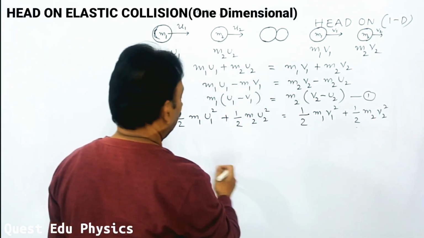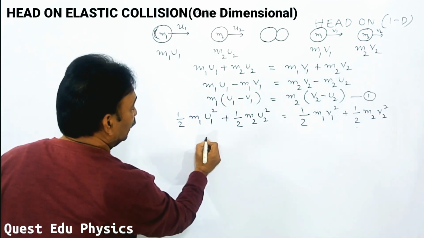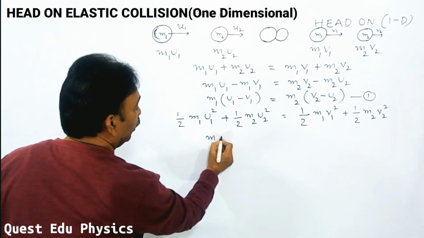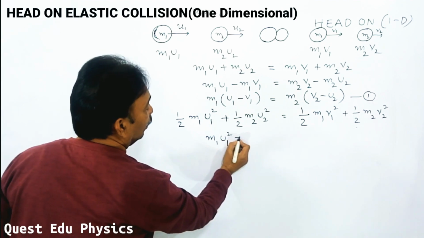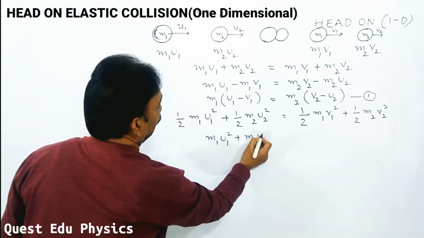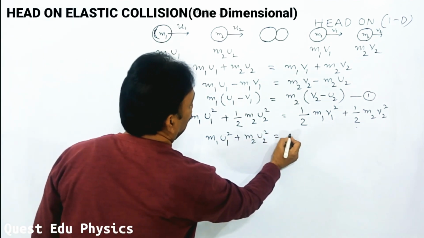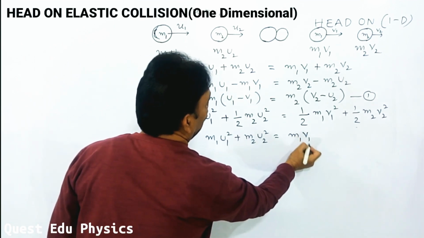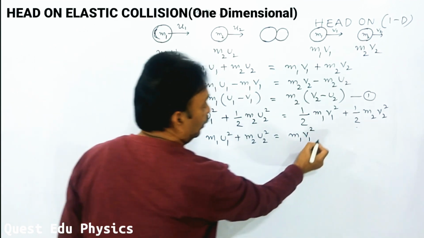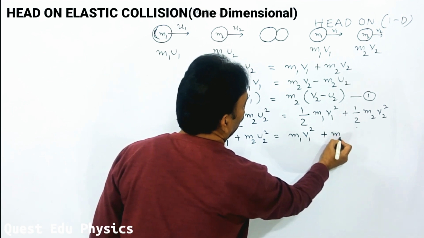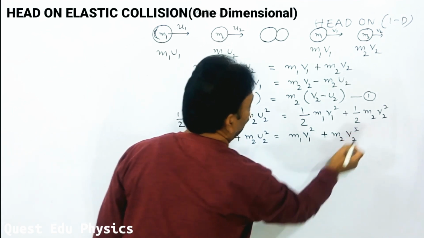Okay students, we are doing the same. We are cancelling the half, and what do you get? m1 u1 square plus m2 u2 square is equal to m1 v1 square plus m2 v2 square.